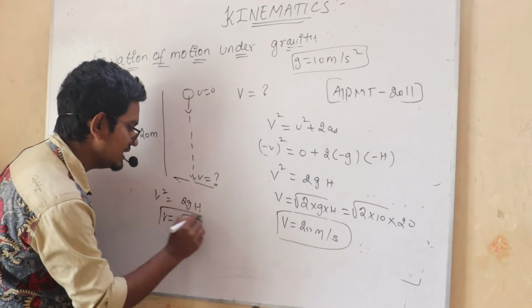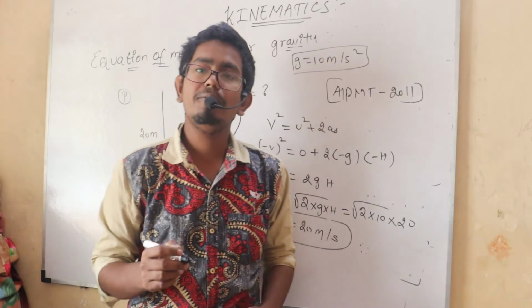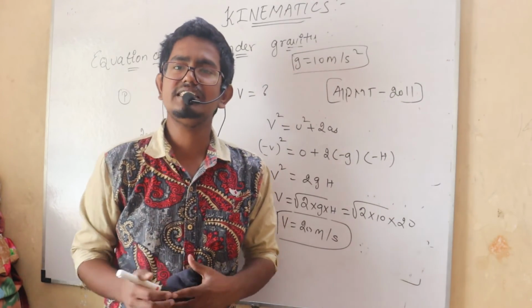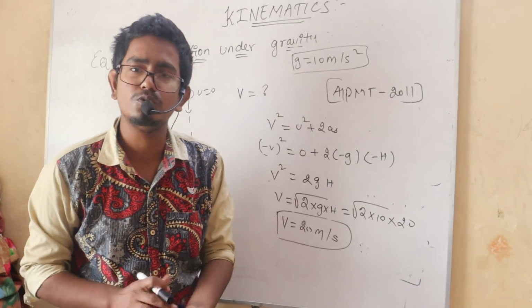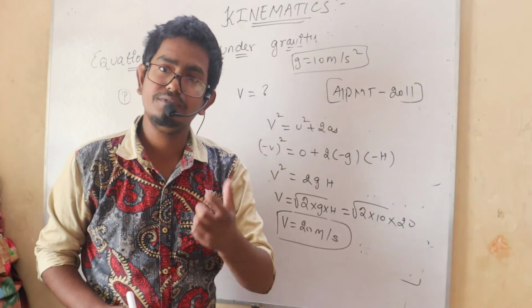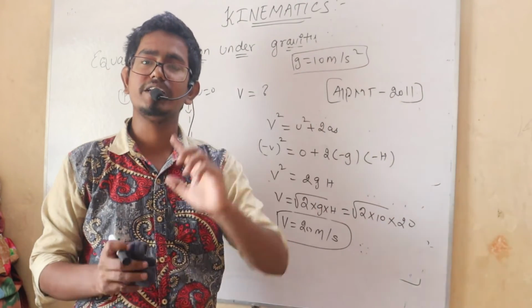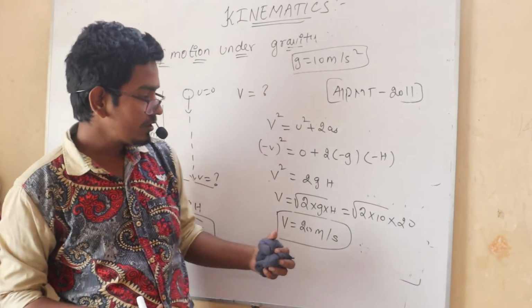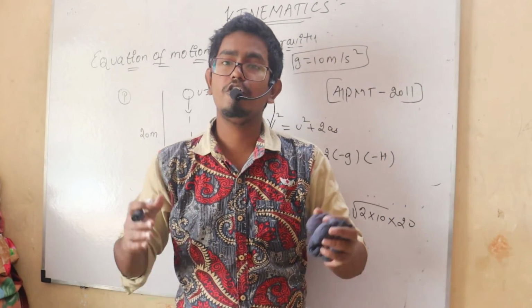So if someone asks what is the velocity when I leave my body freely from some height, you can easily say v is equal to under root over 2gh, apply the h, and you will get the velocity with which it strikes the ground. It is very easy to find out, right?